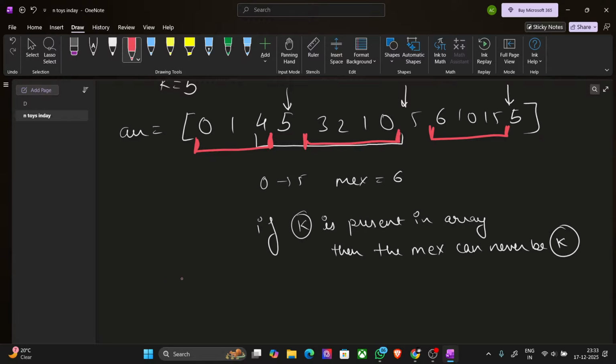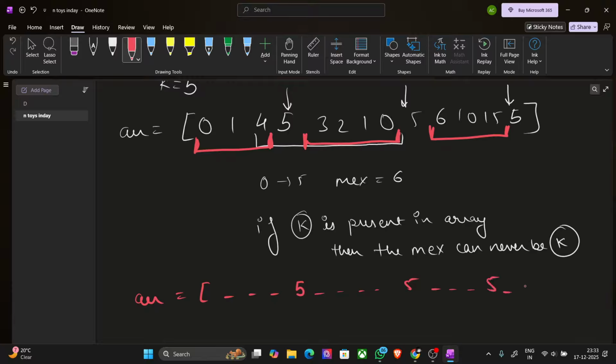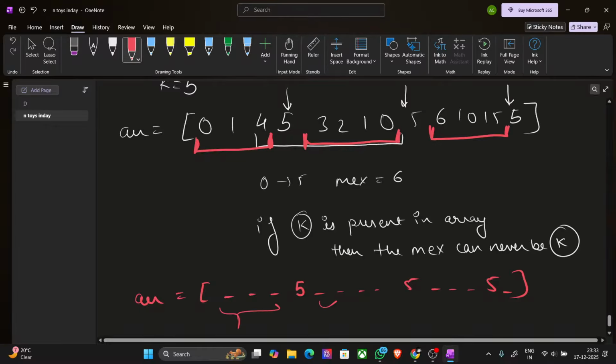Or I can represent my new array like this. I will skip all the positions where k is present, and take all the segments in between those k.